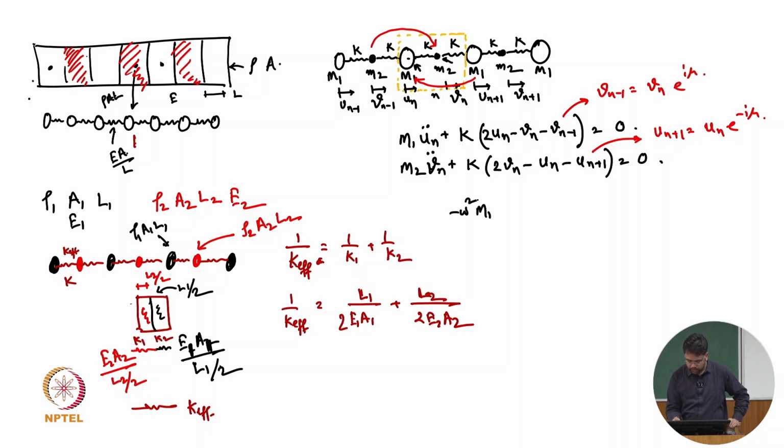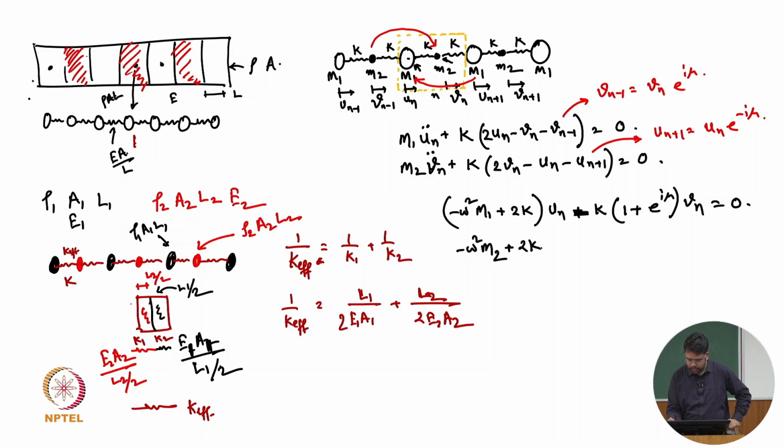M1 un double dot plus 2k un minus k into 1 plus e to the power of I mu into vn should be equal to 0, and this one will become m2 vn double dot plus 2k vn minus k into 1 plus e to the power of minus I mu un.